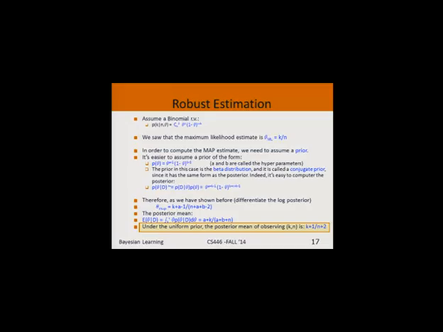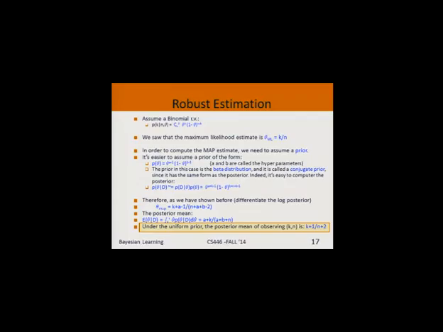It means that when you run this experiment under this prior, let's plug in for sanity a equal 1 and b equal 1, the uniform. What we're going to get is that the posterior mean, after n tosses and observing k, is k plus 1 over n plus 2.